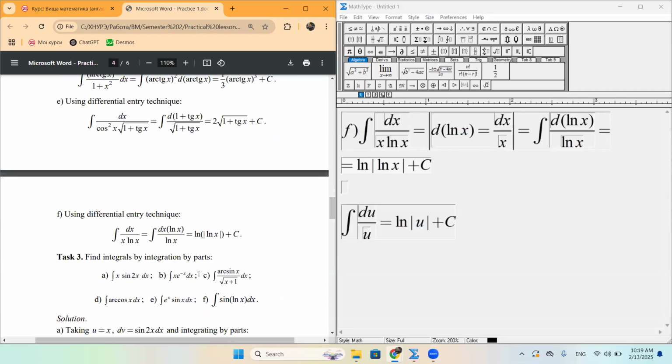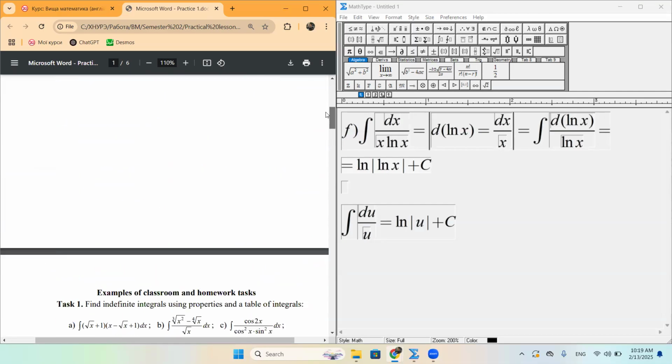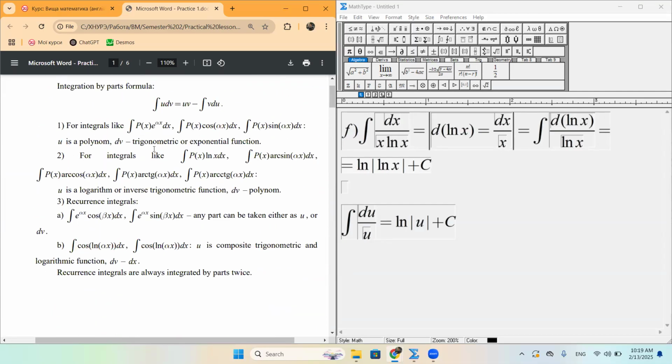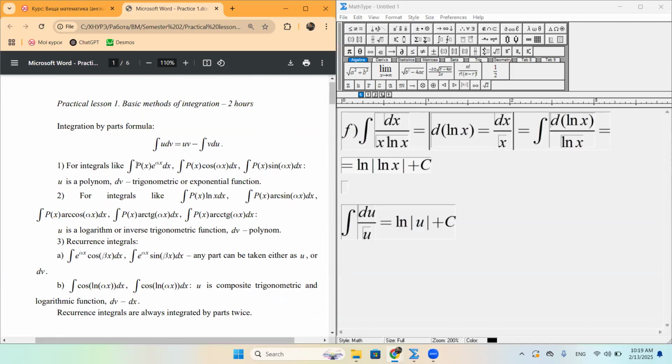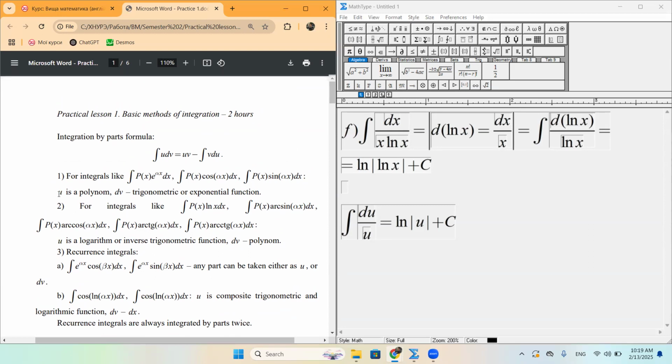So we see here different products of functions. What actually must be what? If we have a product of a polynomial and an exponent, or a polynomial and cosine or sine, we choose u as the polynomial and dv as the trigonometric or exponential function.